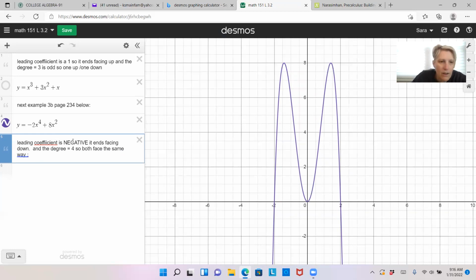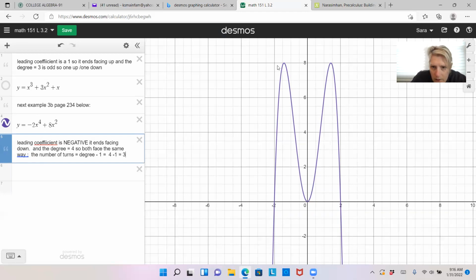We'll go back and look at the other one. You're probably wondering, how do I know how many turns it's going to take? Because it's a 4, the number of turns equals degree minus 1, which for us is 4 minus 1 equals 3.